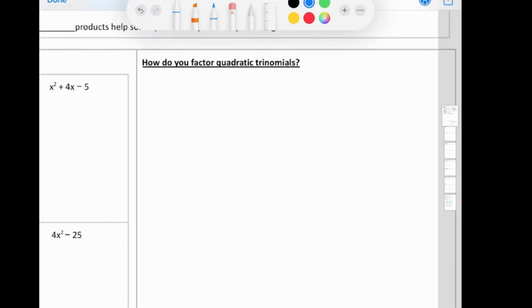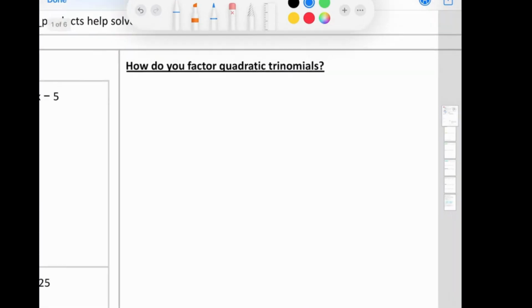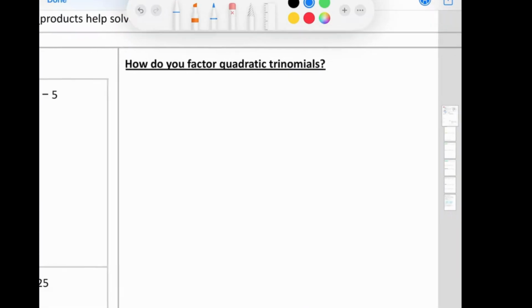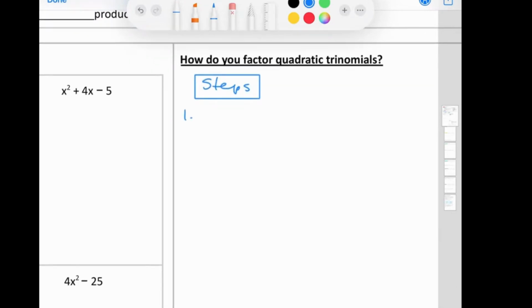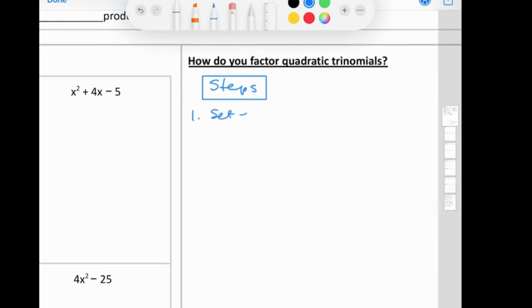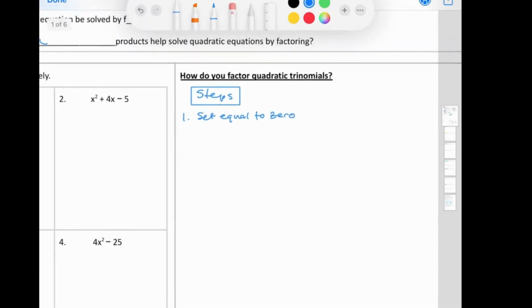All right, so before I go over the warm-up, it might just be helpful. How do you factor quadratic trinomials? Here are some steps. So step number 1, set equal to 0. You basically want everything on one side of the equation. Number 2, I want you to look for the greatest common factor.